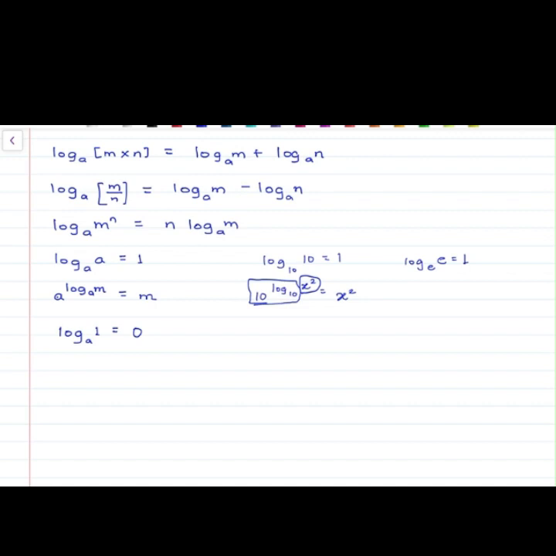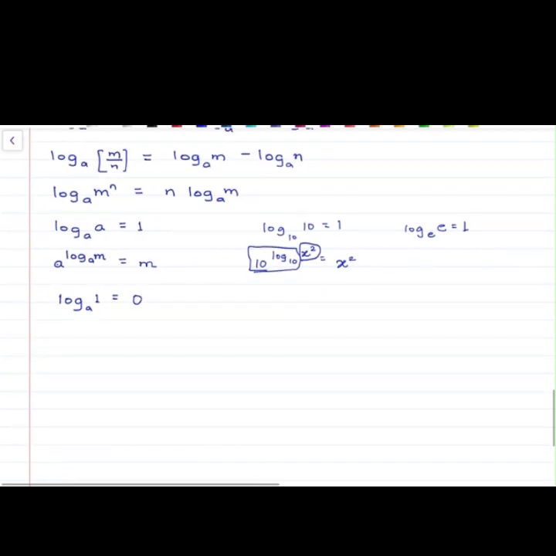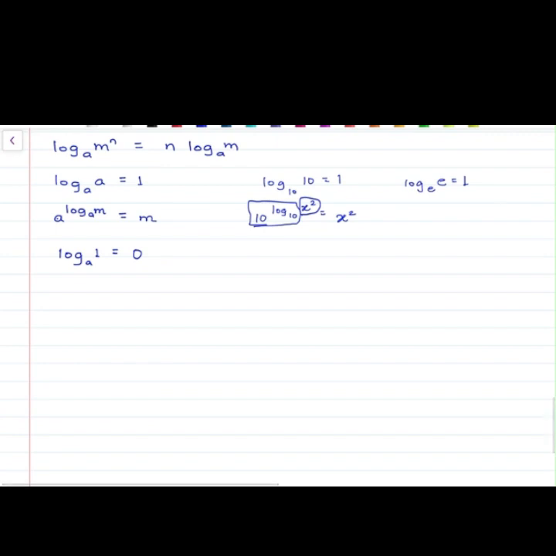So here the function inside the log is x square, so you will get x square, right? This will be helpful in your exercises, right? And the last one is, if you have log of 1 with any base, it will always go to 0. So all this stuff you need to know for solving the problems.